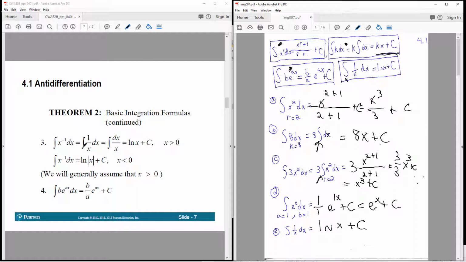So when you have the case of 1 over x dx, you have ln x plus c, and that's what that last one dealt with. And then the last one here deals with the exponential, which I just worked out there.